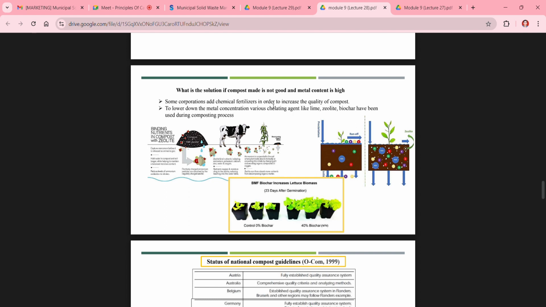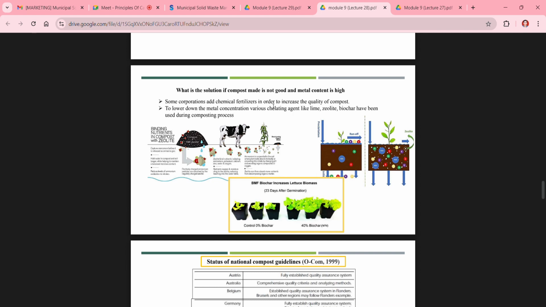Then to lower the metal concentration, various chelating agents like lime, zeolite and biochar have been used during the composting process, because these lime, zeolite or biochar are going to react with these metal components, and sometimes they can create metal oxides, or sometimes metal organic compounds.